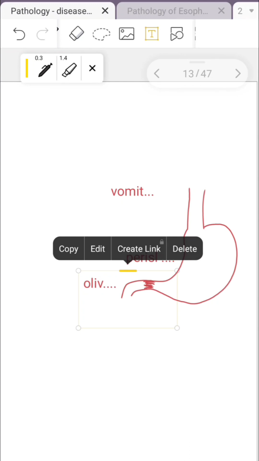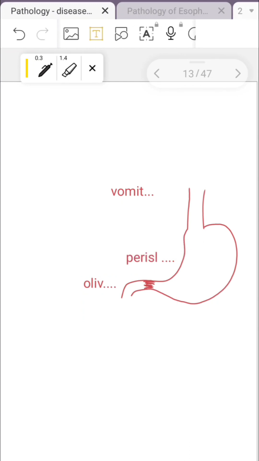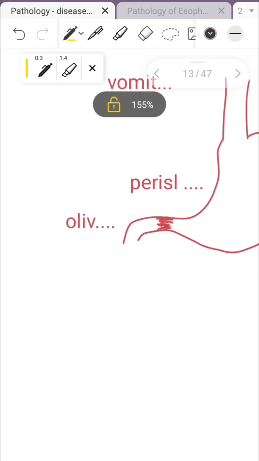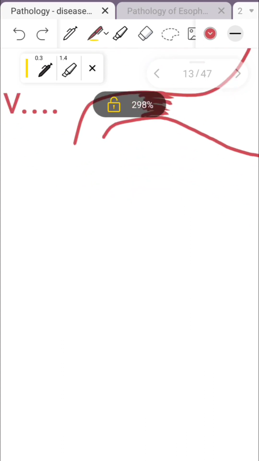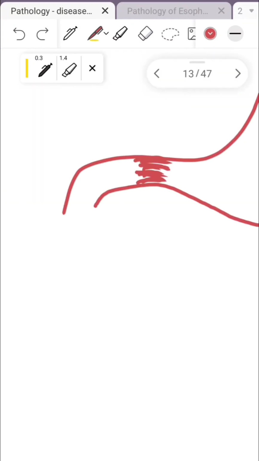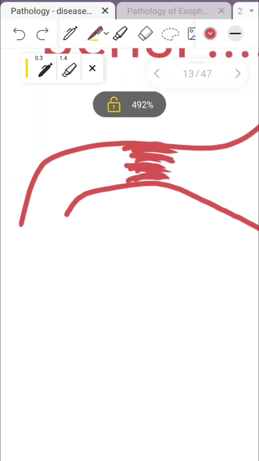There is peristaltic movement, normal, that happens to try to push food downward in the stomach. So the peristaltic movement is visible here, and the olive-like mass.